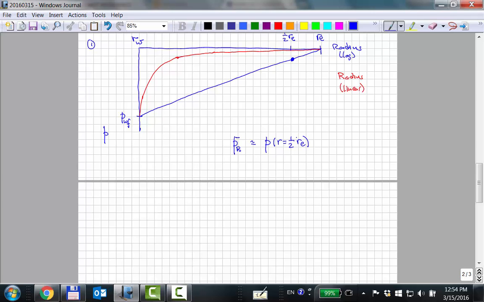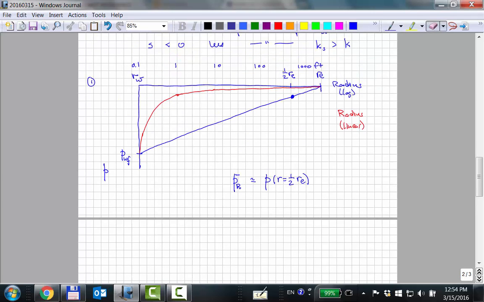No, I'm sorry, that's not right. About 0.6. Pretty sure. Yeah, I think that's right. About 60% of the way out. If you could crawl out 60% of the way to the RE, measure the pressure, that would in fact be a good estimate of the average volumetric pressure.